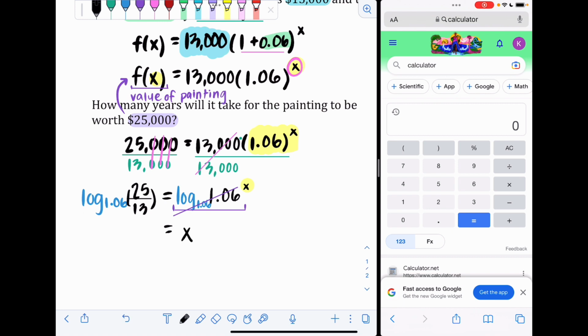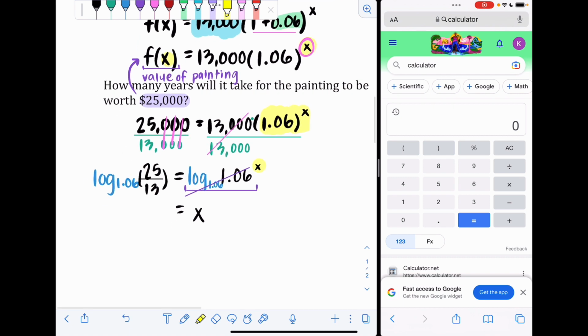So now we have x isolated, and we just have to figure out what to do with this. Obviously we don't have a log base 1.06 button on the calculator, so we have to use the change of base formula. It's not going to be different just because it's 25 over 13. It works the same exact way, it just looks a little bit uglier. With the change of base formula, remember that what you're taking the log of goes in the numerator, and the original base goes in the denominator.